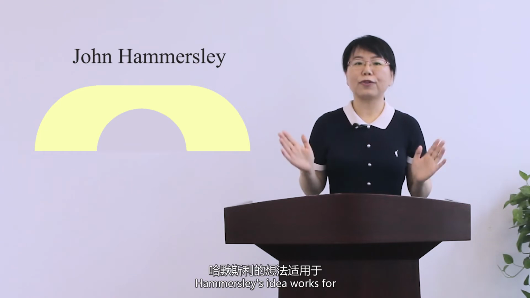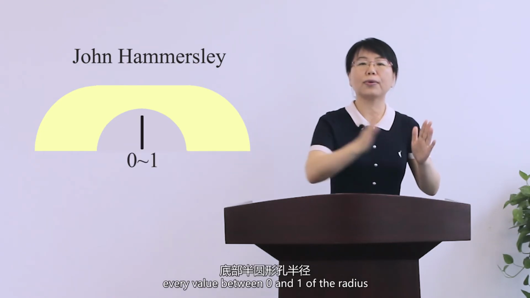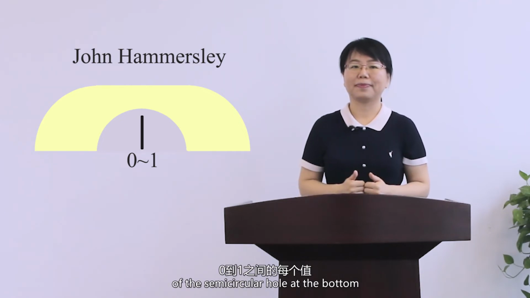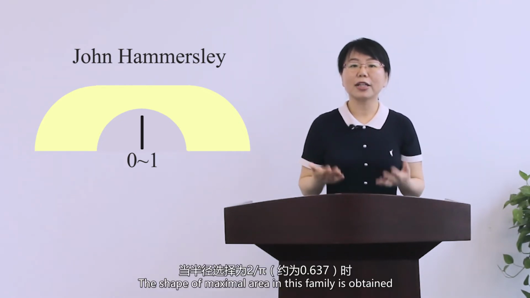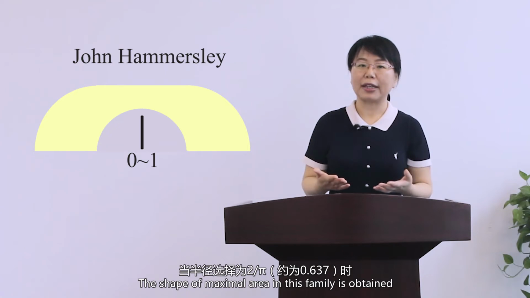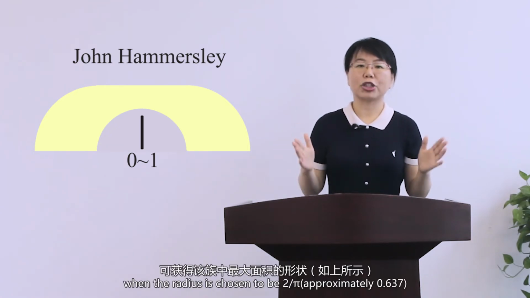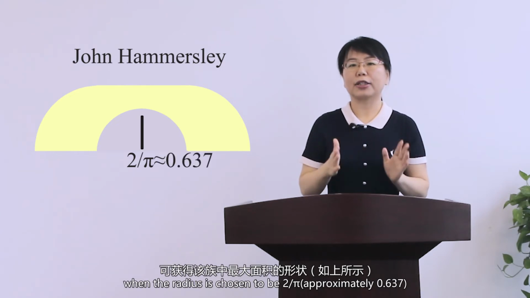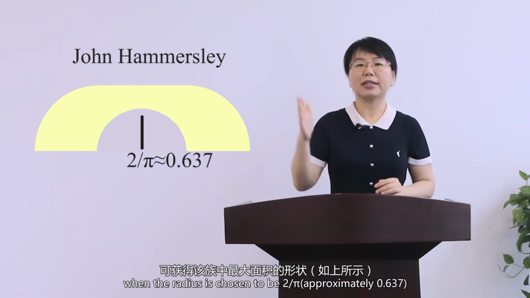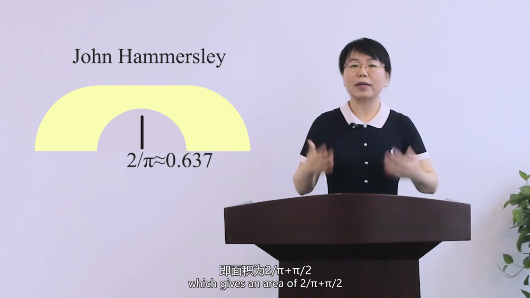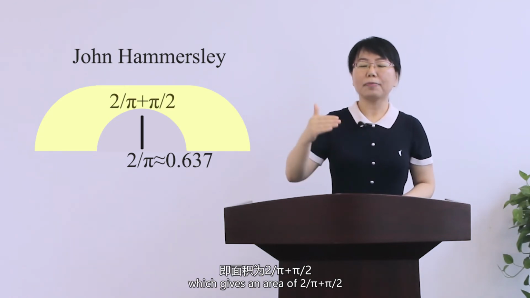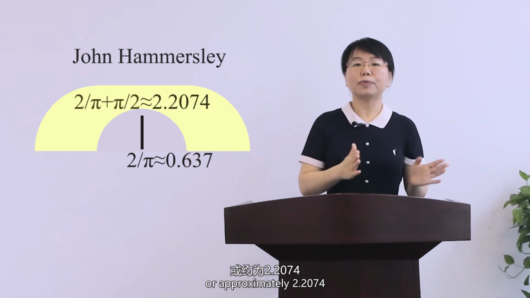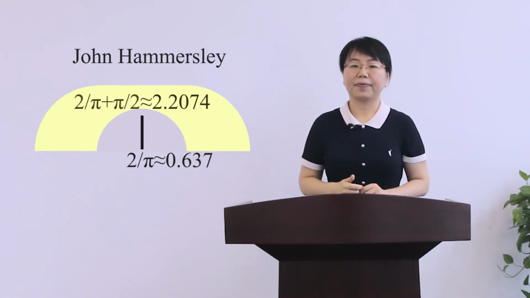Hammersley's idea works for every value between 0 and 1 of the radius of the semicircular hole at the bottom. The shape of maximal area in this family is obtained when the radius is chosen to be 2 over pi, approximately equal to 0.637, which gives an area of 2 over pi plus pi over 2, or approximately 2.2074.